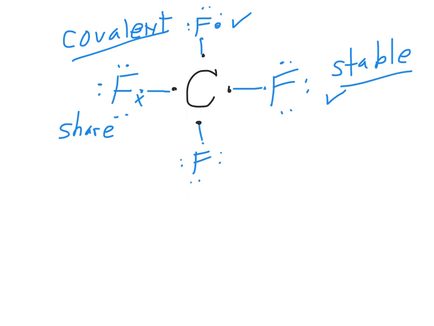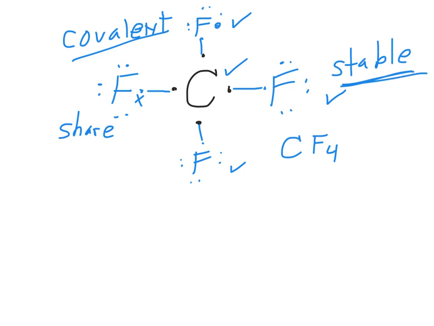So carbon has given up, or shared, all of its 4. And all of the fluorines now have 8 valence electrons, and so they are now stable. So your compound here is CF4, because it took 4 fluorines and 1 carbon to make this more stable.